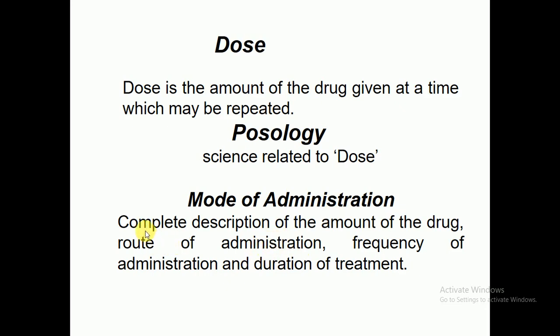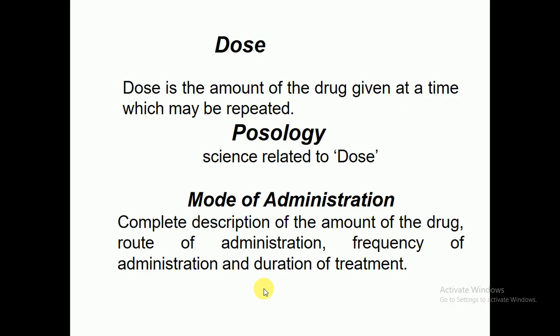The first one is the complete description of the amount of drug. It means how much quantity of drug you are going to administer. The second point is the route of administration, how you can administer the dose. The third one is the frequency of administration.